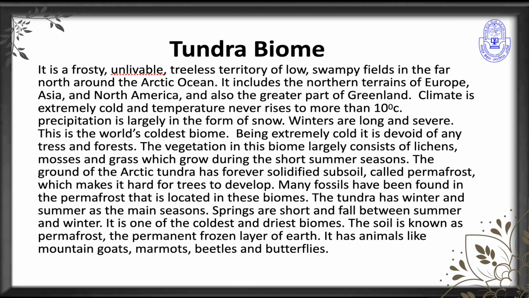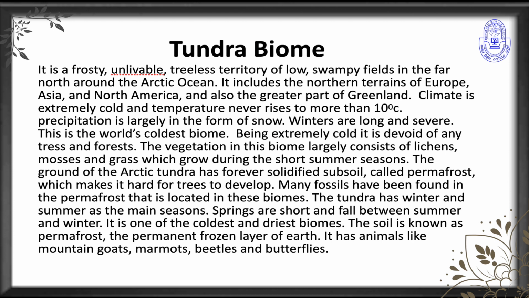Being extremely cold, it is devoid of any trees and forest. The vegetation in the biome largely consists of lichens, mosses, and grass which grow during the short summer seasons. The ground on the Arctic tundra has forever solidified subsoil called permafrost, which makes it hard for trees to develop.